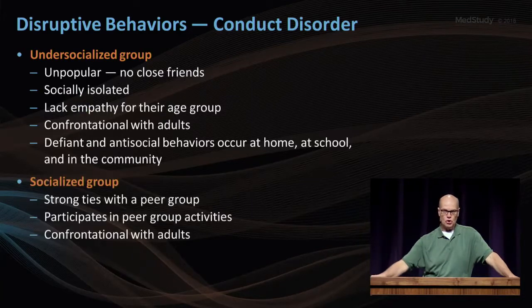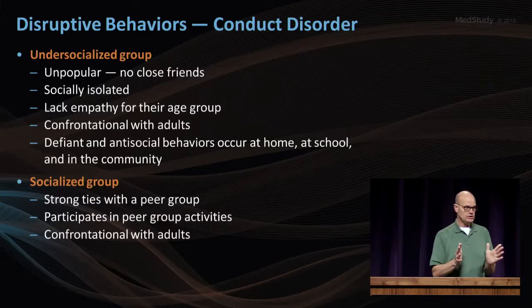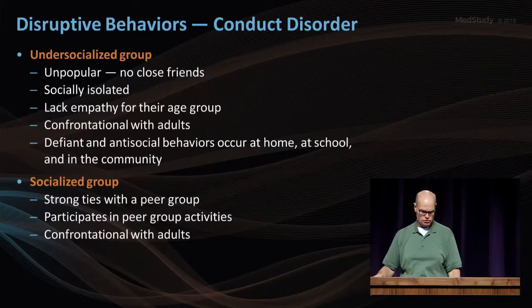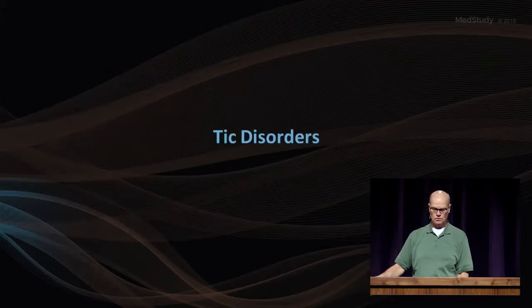Or there's the socialized group, and these oftentimes are gang members, and they have strong ties with the peer group. They have no relationship with adults. But there's two very distinct patterns of behavior amongst individuals with conduct disorders.